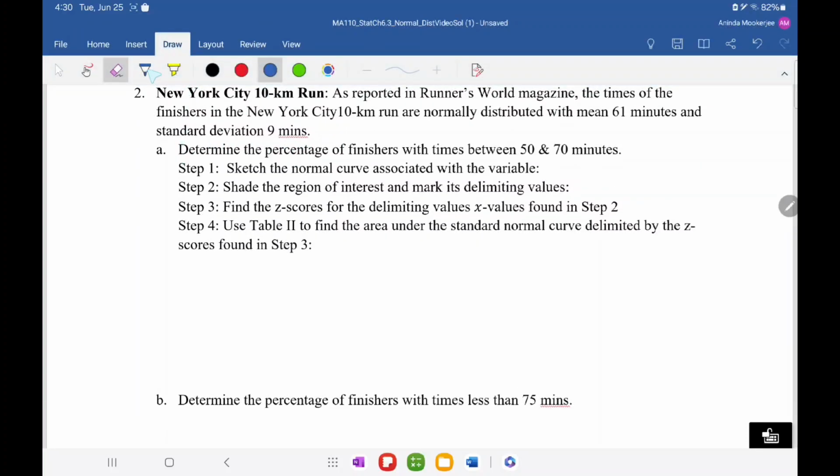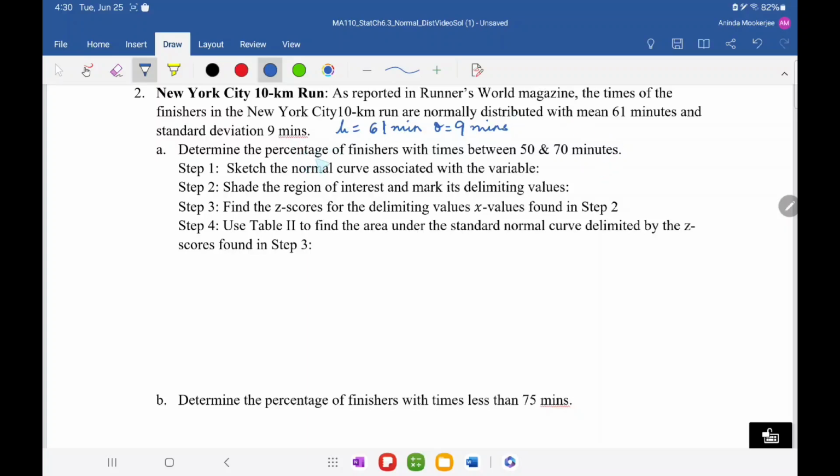So let's write down our data here. Mu equals 61 minutes and sigma, or standard deviation, is 9 minutes. Now the question says determine the percentage of finishers with times between 50 and 70 minutes.